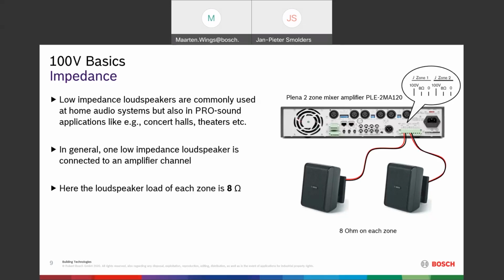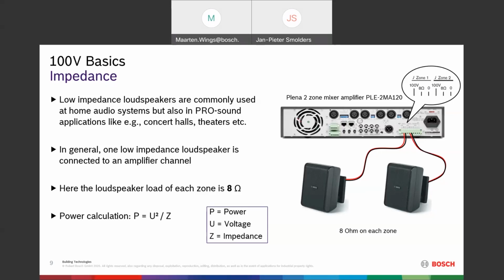That means the load of each amplifier channel, or zone in this case, is 8 ohm. Now, if you know the power and the impedance, you can calculate the voltage on the output of this amplifier with this formula. P stands for power, U stands for voltage, and Z, as we have seen already, is impedance.